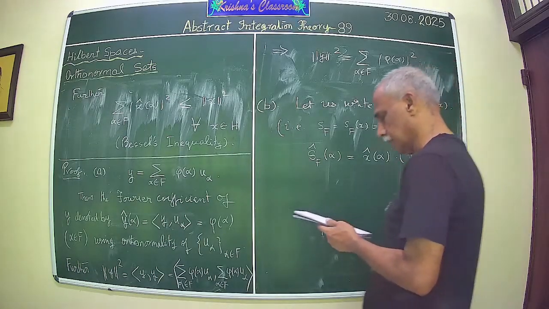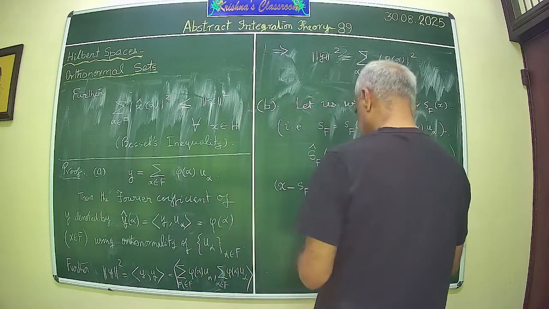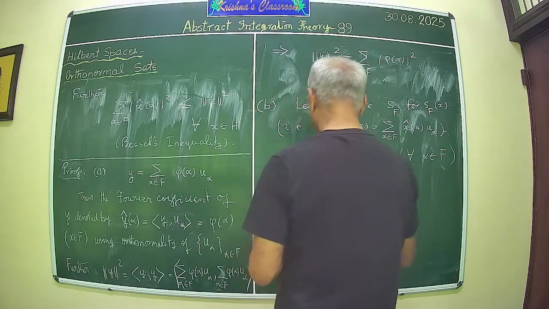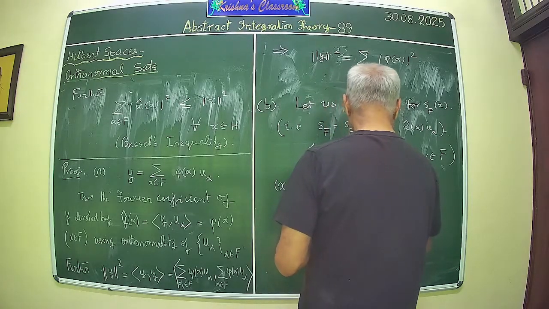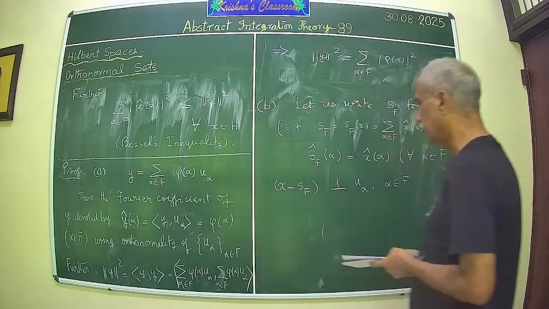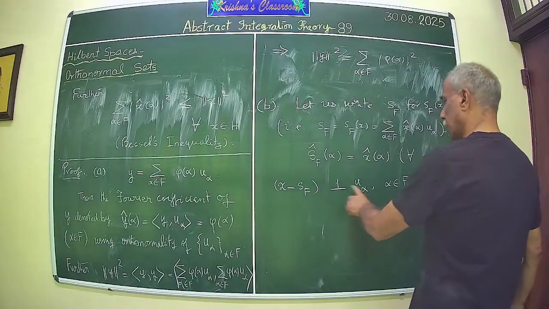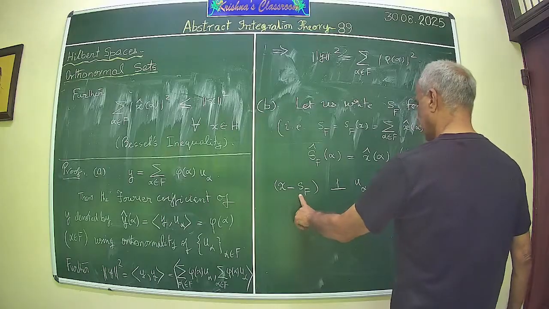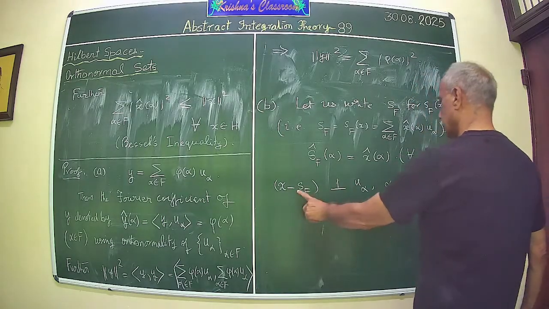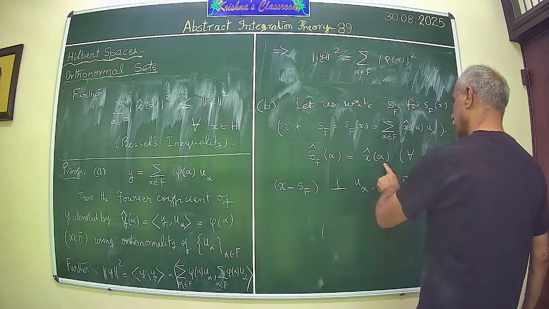This is immediate. Now you take x minus SF. X minus SF is orthogonal to U alpha for alpha belonging to F. That's very easy to work out. The inner product of X with U alpha is X hat alpha. The inner product of SF with U alpha, this is the Fourier coefficient of SF, which is also equal to X hat alpha.